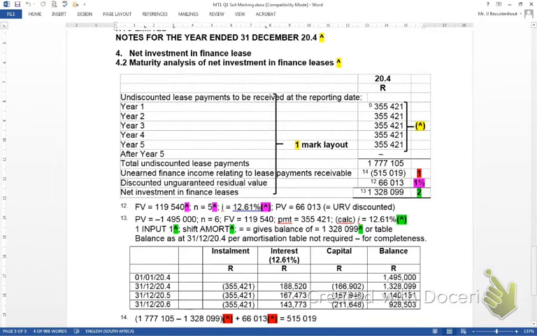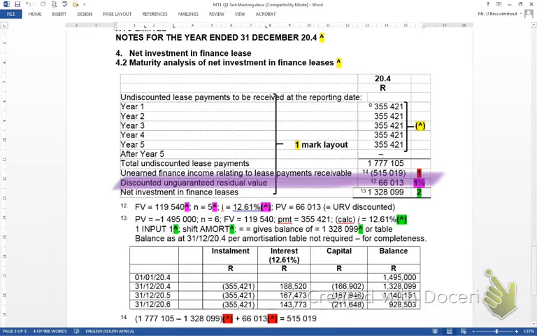Now, because that is actually part of the finance income, we now have to go and split that out. So when we do this calculation here, we now have to take that into account. The first thing that we're going to have a look at is the discounted unguaranteed residual value. Basically what they're telling us here is the residual value will be 119,000 5 years from now.